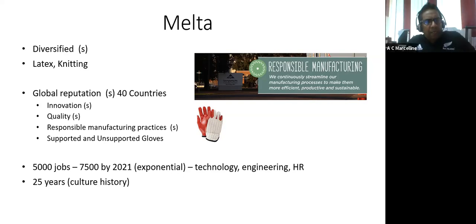5,000 jobs currently, with 25 years of history. Now they are aiming to be at 7,500 in 2021. That is going to be very exponential, because you see, for the last 25 years they have grown to 5,000 jobs, and within a year they are expecting to grow that by 50%.